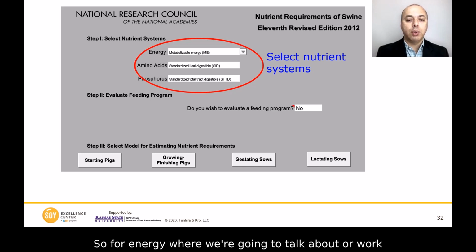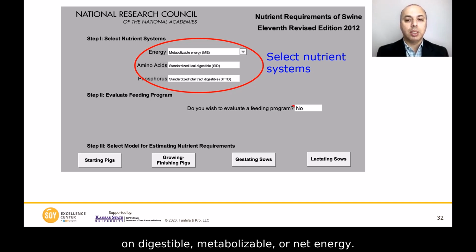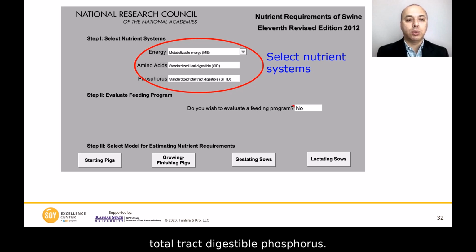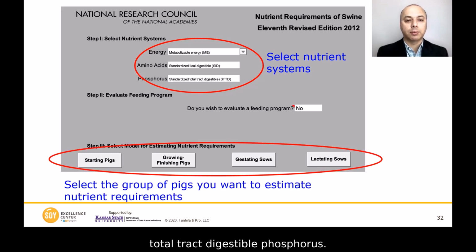So for energy, whether we're going to work on digestible, metabolizable, or net energy. For amino acids, whether we're going to work on total amino acids or standardized ileal digestible amino acids. And for phosphorus, it's either available or standardized total tract digestible phosphorus.